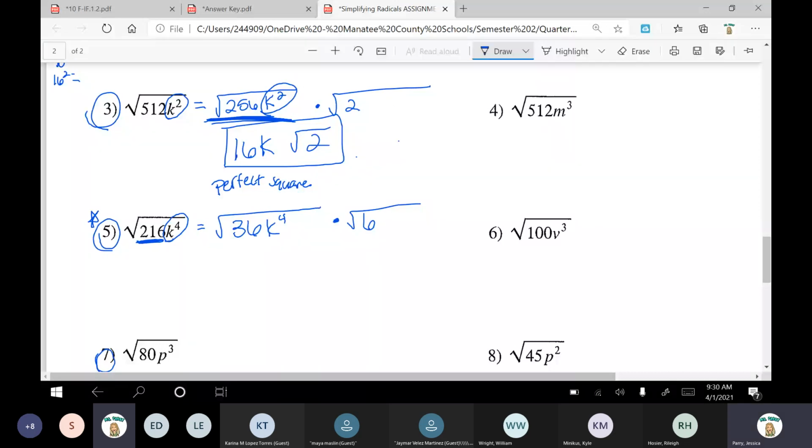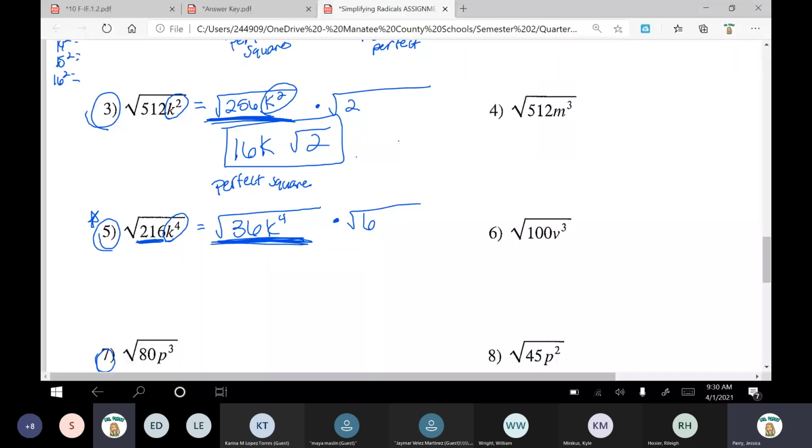Let's simplify this here. Let's look at just our numbers. What's the square root of 36? 6. Perfect. And then we've got the square root of k to the power of 4. Here's my variable k. All you do is take your exponent 4 and divide that by 2.